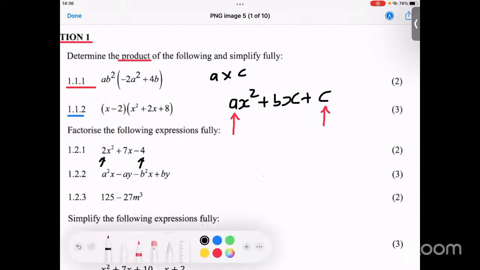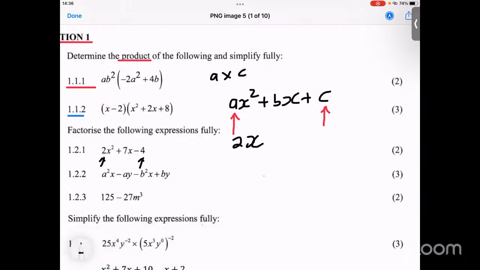So that means with the given 2x squared plus 7x minus 4, you will therefore multiply this by that. What does it give you? That by that, it gives you negative 8, isn't it? So now, the next thing is for you to find the factors that can give you that middle term.